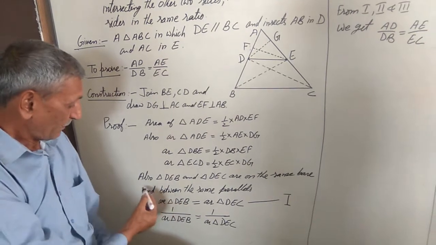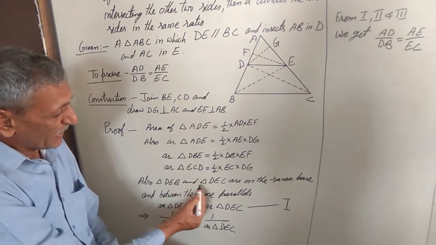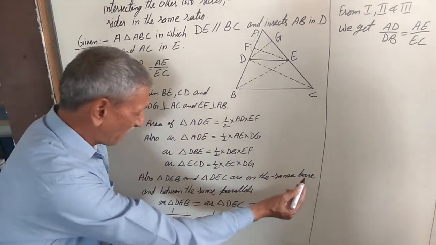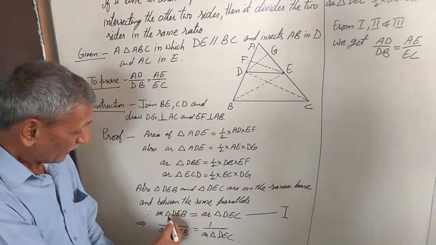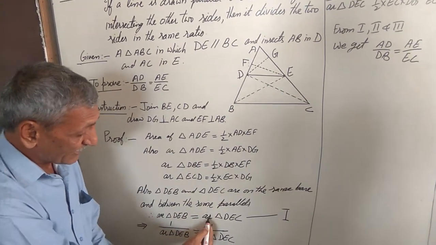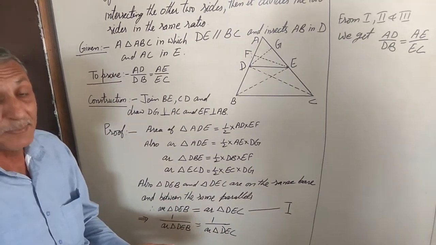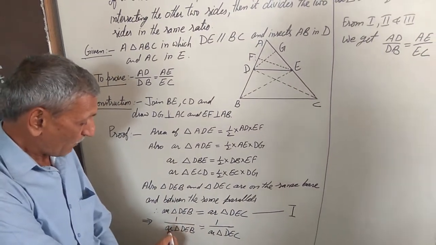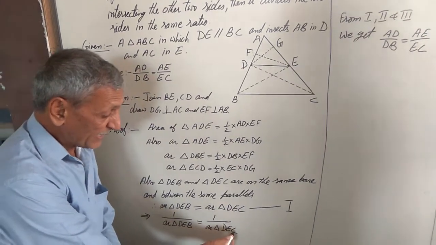So, we can take this fact here. Therefore, area of DEB is equal to area of DEC, or their reciprocals, 1 upon area of DEB is equal to 1 upon area of DEC.